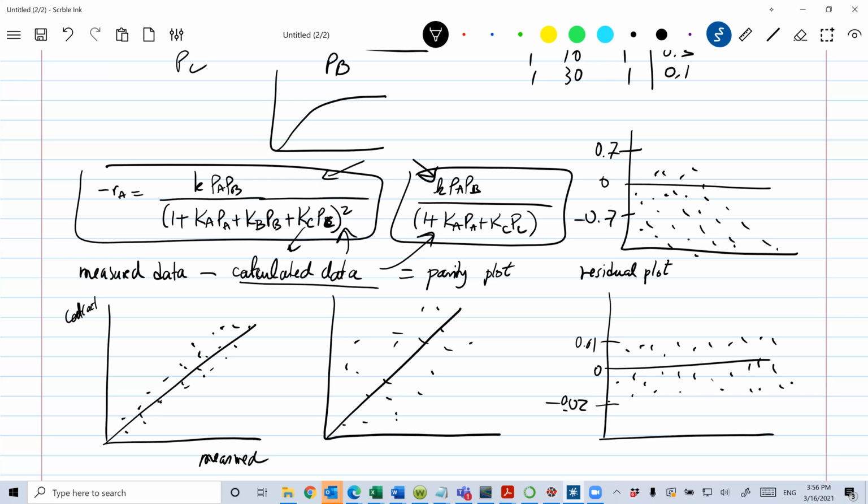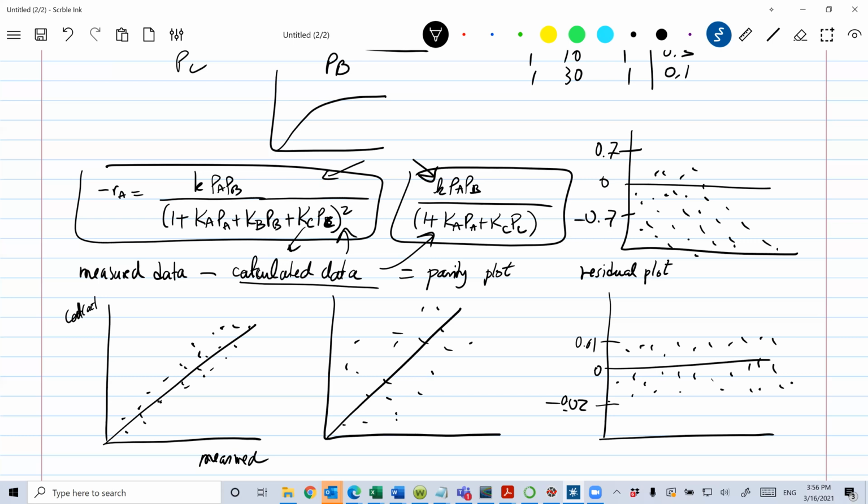Now this reaction can be a power law. Do you know how you can make it a power law? If you can operate this reaction at very high temperature. If this reaction is exothermic and you operate at high temperature, all the equilibrium constants, Ka, Kb, and Kc, become small, so this reaction becomes a power law.